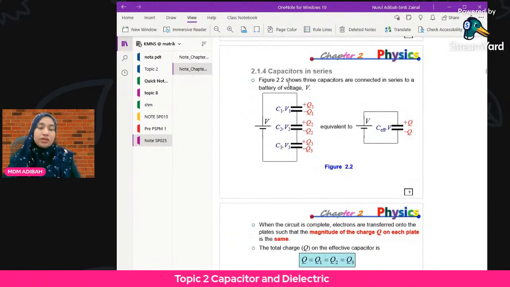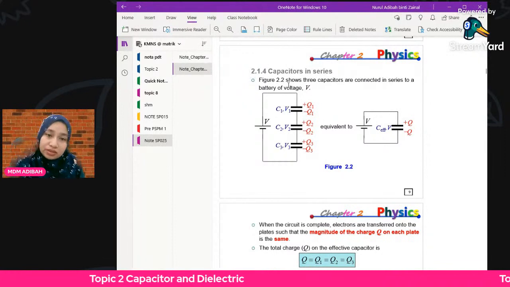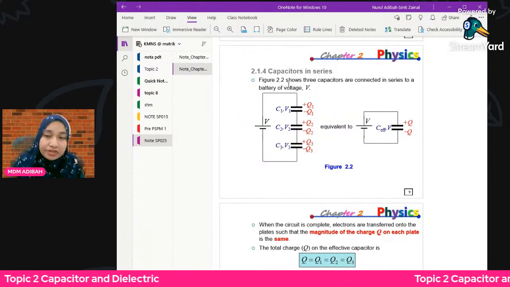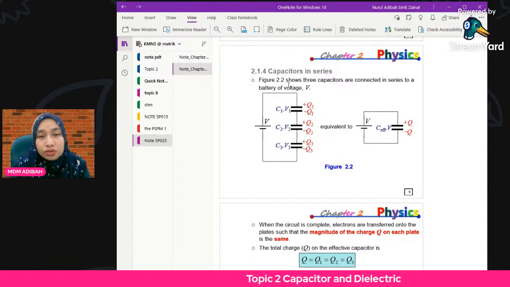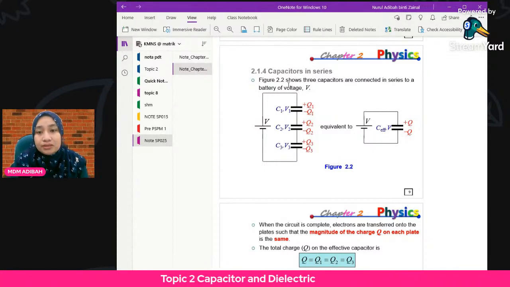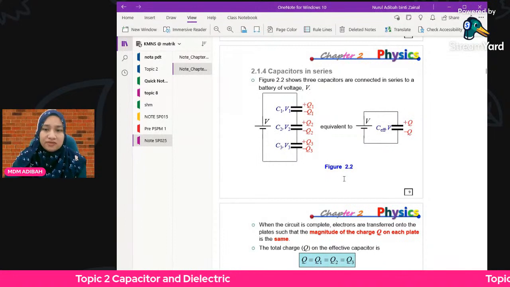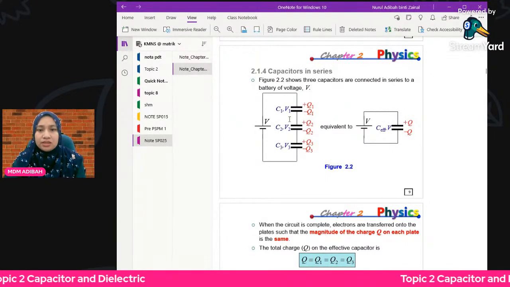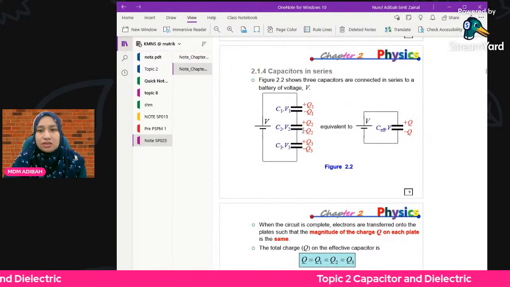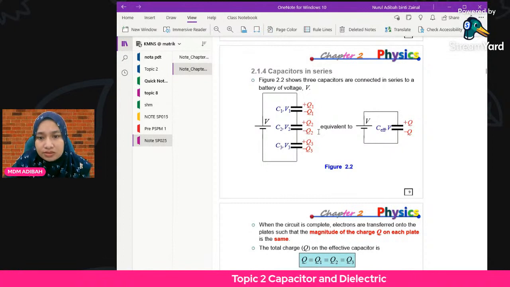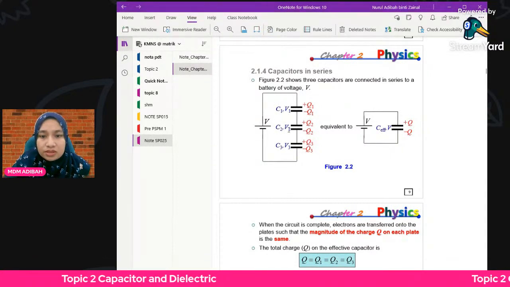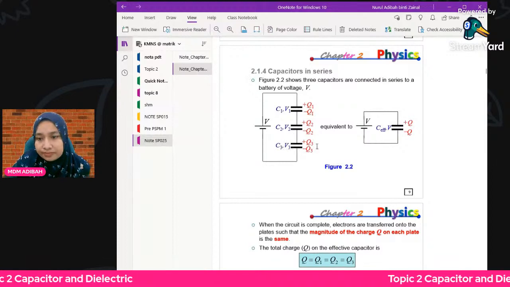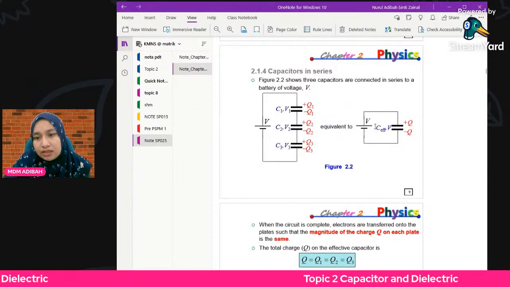Okay, now kita tengok susunan, the arrangement of capacitors. Kita boleh arrange in two types, series and parallel. Figure 2.2 shows three capacitors connected in series with battery V. So here is C1 V1, C2 V2, C3 V3.